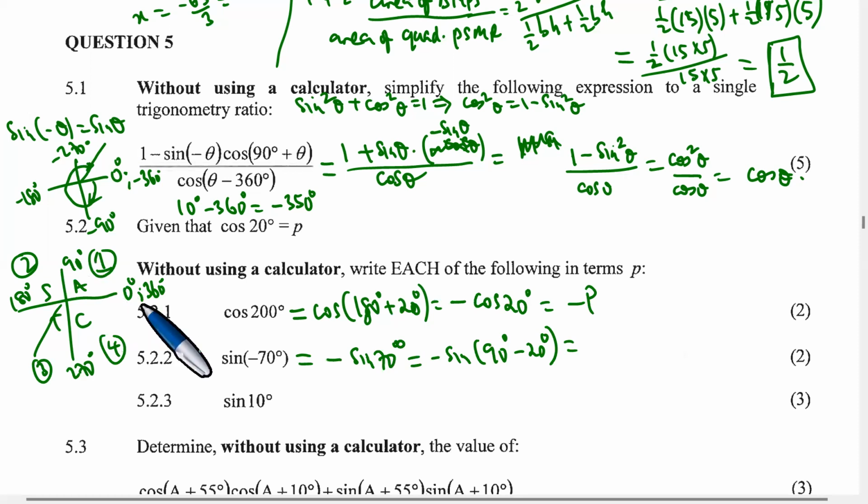In the first quadrant all these are positive, but there's a cofunction change to cosine of 20 degrees. Cosine of 20 degrees is P, so that is minus P.